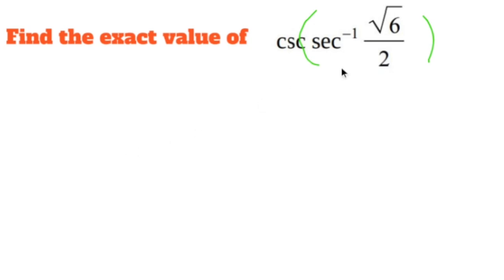I'm going to try to turn this into a right triangle, and I want to think Pythagorean theorem thoughts. First things first, what is inverse secant? That means the secant of what angle is going to equal root 6 over 2 in positive land.